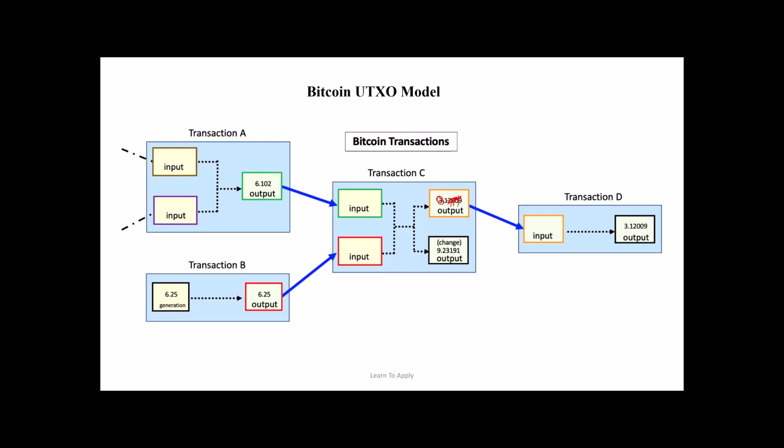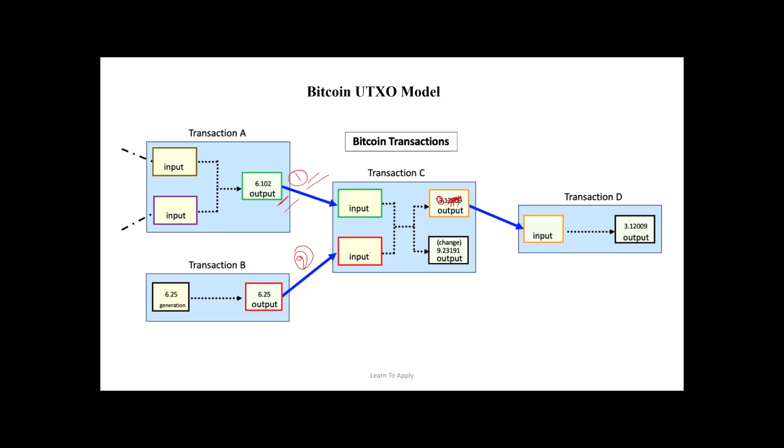What does transaction C do? It's basically an account, and he has two UTXOs. One is coming from transaction A, the second is coming from transaction B. A single transaction output is less than 8, so it cannot satisfy our need of 8 BTC. Here we have 6.102, consider 6 only, just for the sake of simplicity. But a single UTXO will not satisfy our need because we have to spend 8.